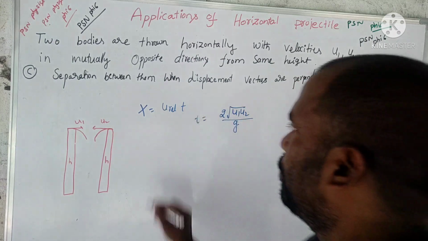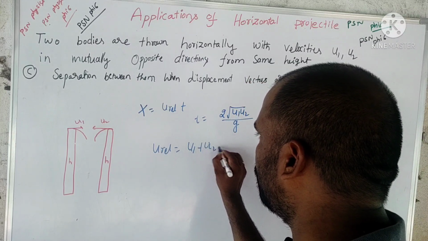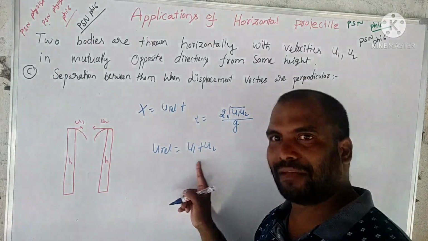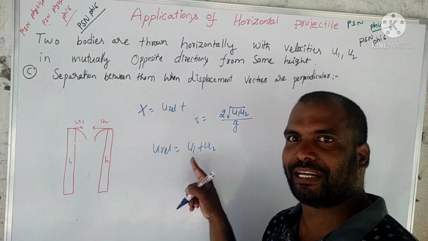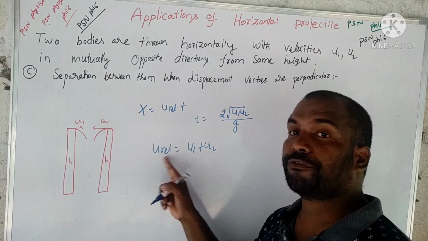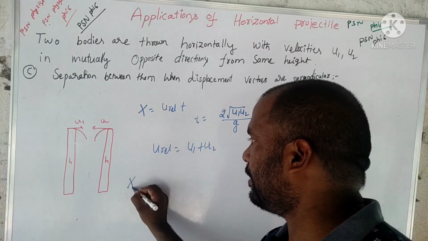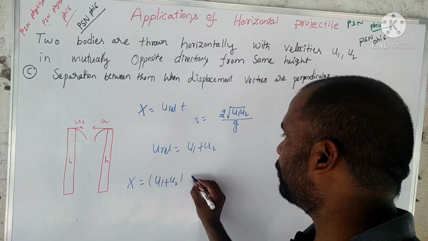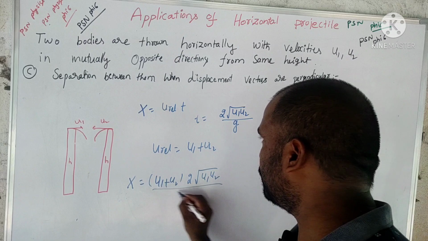Here also u relative is equal to u1 minus u2. u2 is anyway in the negative x direction, minus of minus is plus, therefore u relative is equal to u1 plus u2. Therefore x is equal to u1 plus u2 into 2 root u1 u2 by g.